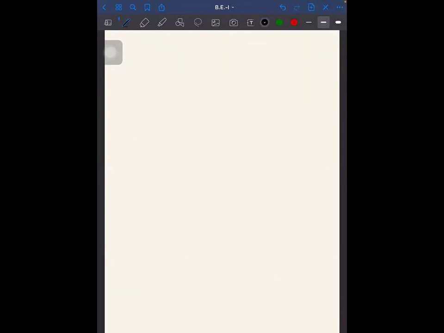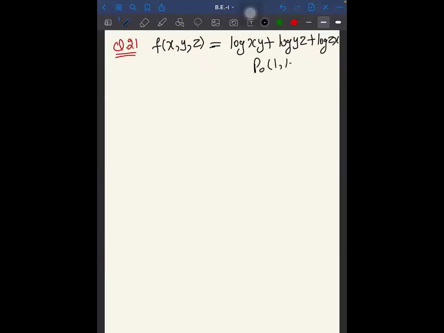Question number 21. So this is your f of xyz is equal to log xy plus log yz plus log zx. And the point is given to us, 1, 1, 1. So again, we are asked to get the most rapid direction, and the most rapid increase and decrease.